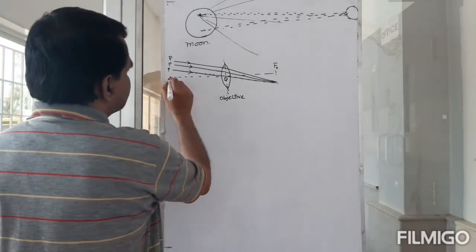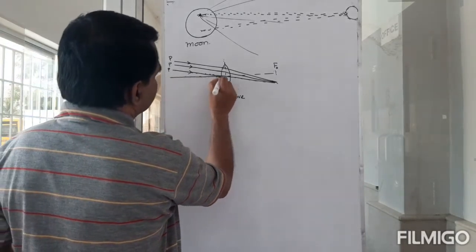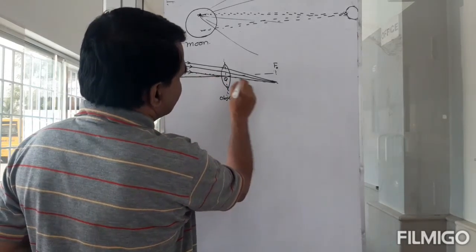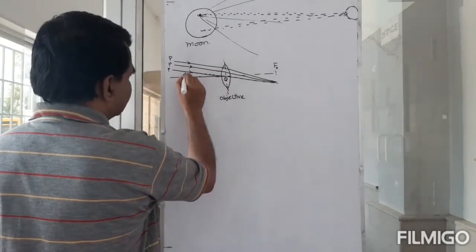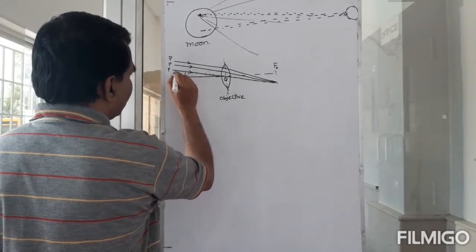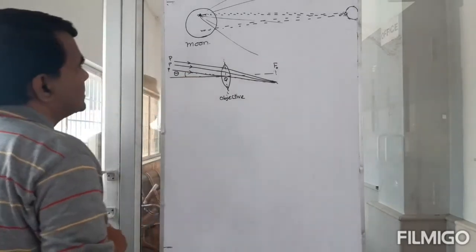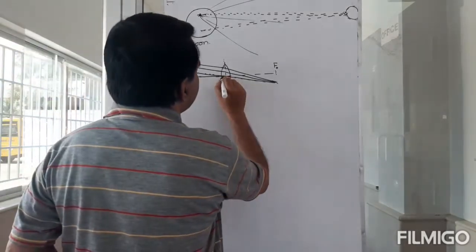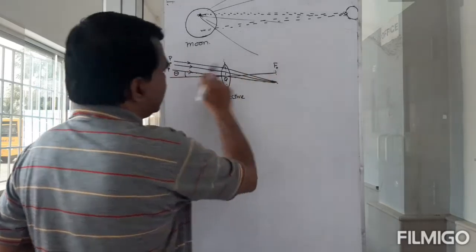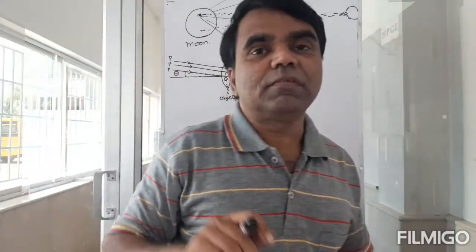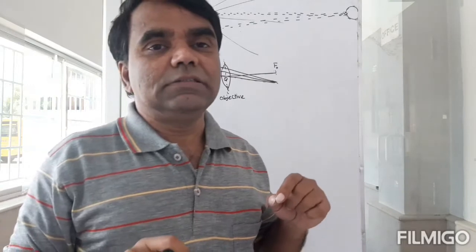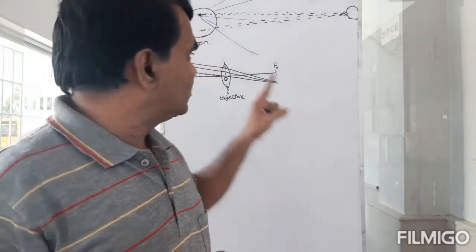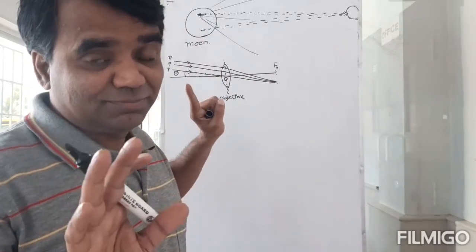Look at this. Take this angle. Take this ray, for example, the ray that goes through the optical center, and look at this angle first. This angle must be the same as the visual angle without the instrument. Why?